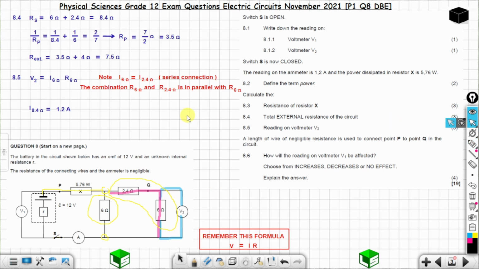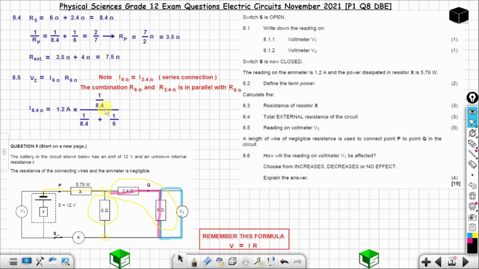So you are going to have 1.2 times... Now you are calculating the current on this branch. On this branch you have 8.4, so you are going to have 1 over 8.4 over 1 over 8.4 plus this branch 1 over 6. On this branch you have 8.4, on this branch you have 6.